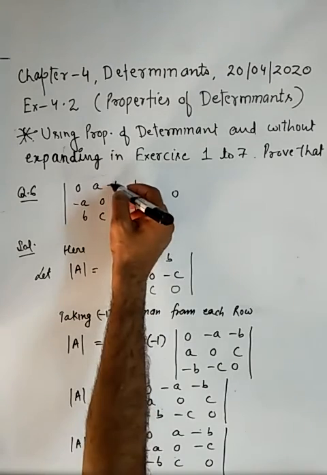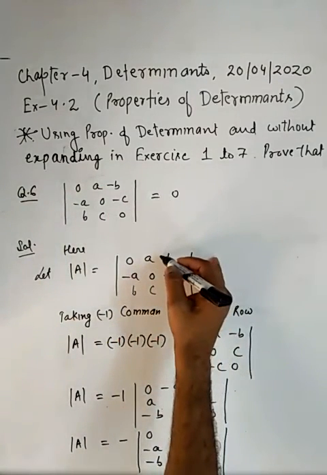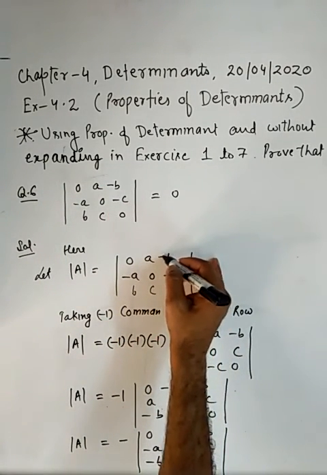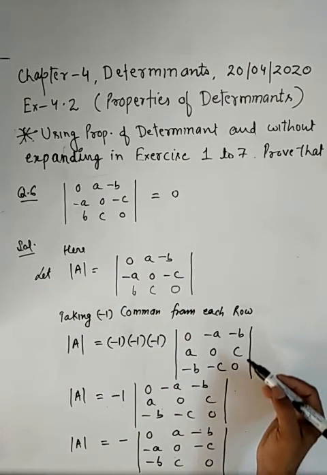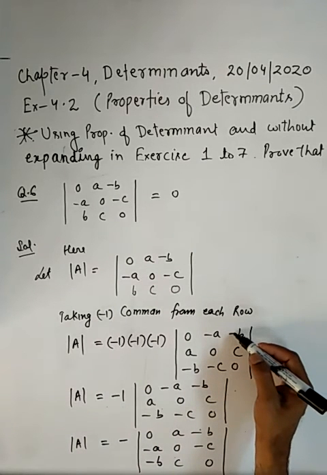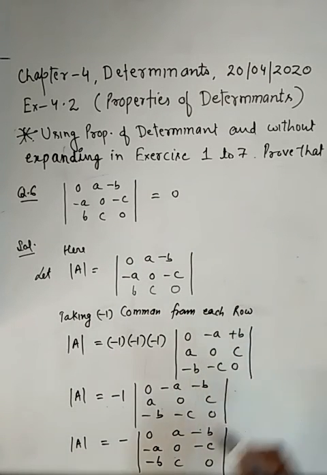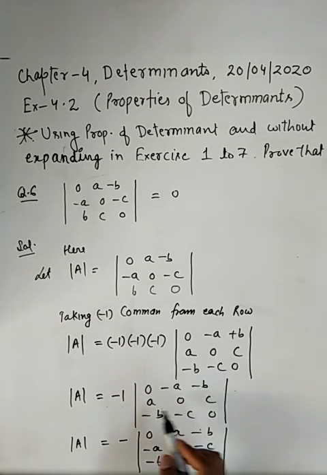Here I think a minus sign was there, so this is minus B. When I'm taking the common, this becomes plus. Changing the rows and columns, this is plus.